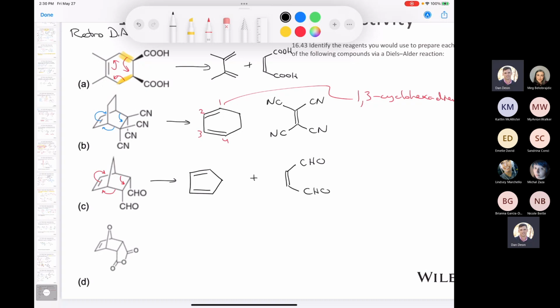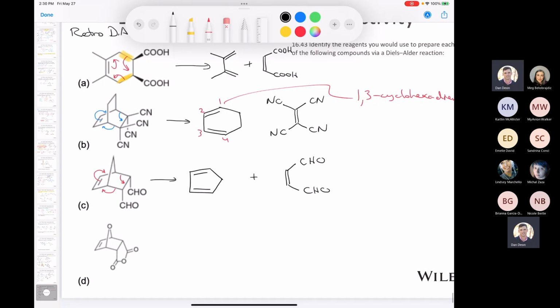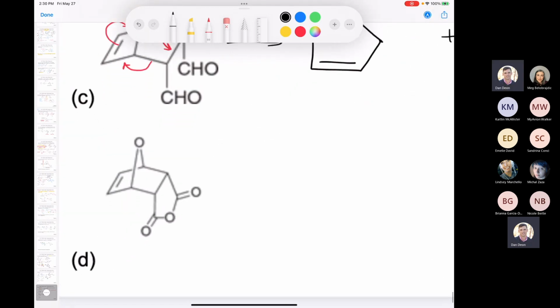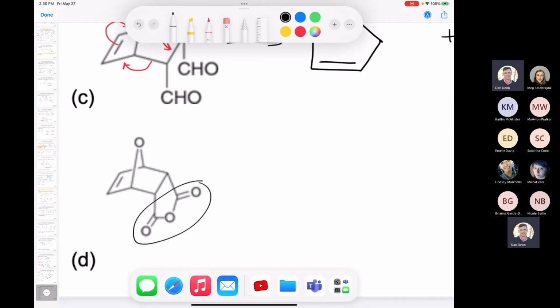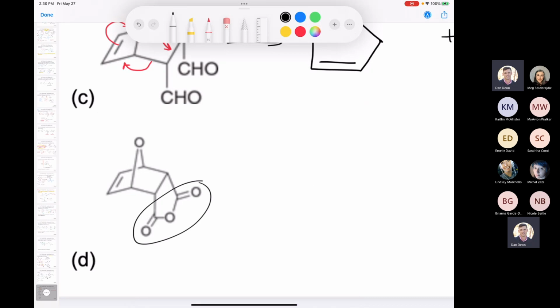And what about the last one? So here we have another bicyclic compound. And you can see that these two groups are in the endo position, both locked in this ring. So we do our same retro Diels-Alder arrows. We make a pi bond. We break this sigma bond, make a pi bond here.